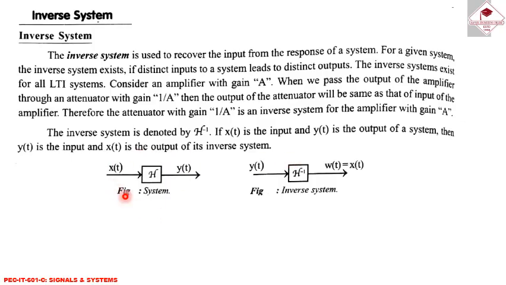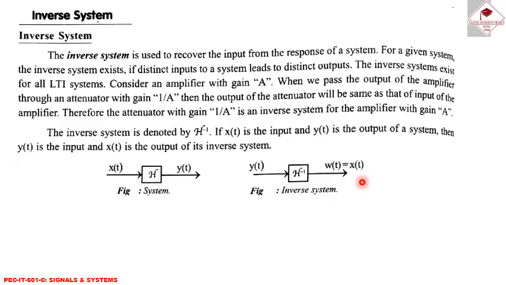Here in this block diagram, suppose x(t) is the input, and once it passes through a particular system, it generates the output y(t). Now if I want to return back from the output to the input, the procedure is you apply this y(t) to an inverse system where the inversion operation is going on, and finally you get the input x(t).